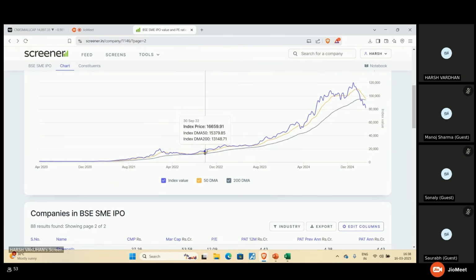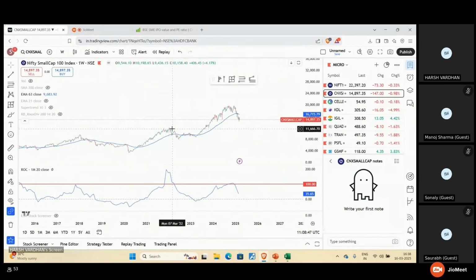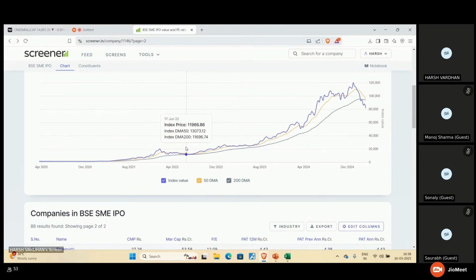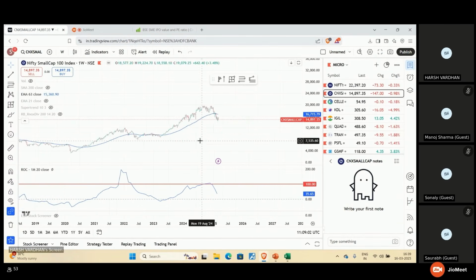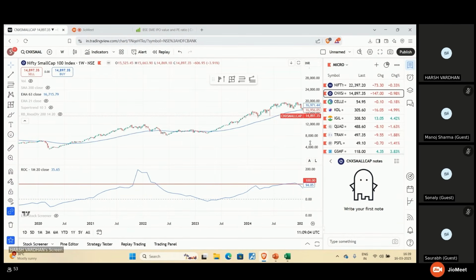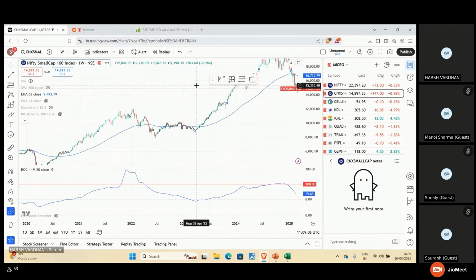But once the market makes a bottom and goes sideways, for example in this period, the market made a bottom near June, and that's when the SME index made the bottom, and after that it started going up. But the small cap index consolidated till April 2023. So this consolidation phase didn't happen in the SME IPO index, because it consists of recently listed IPOs only.